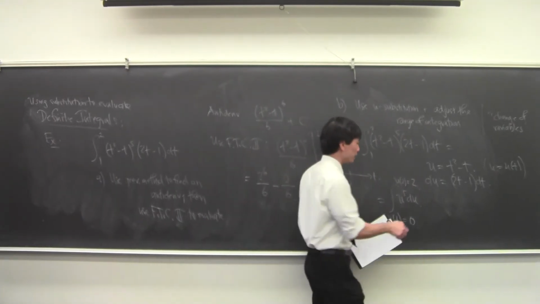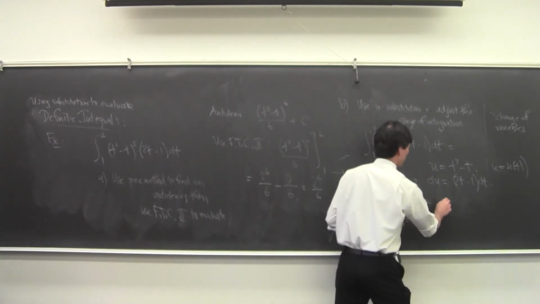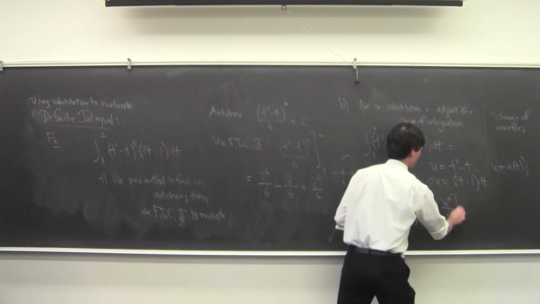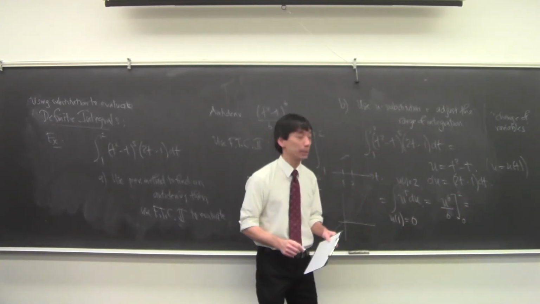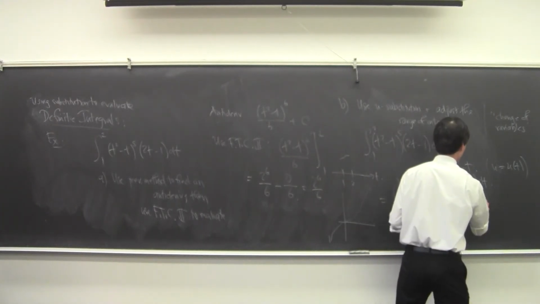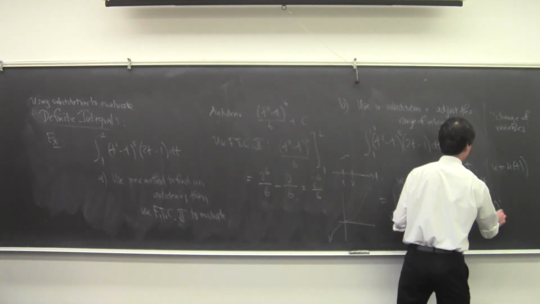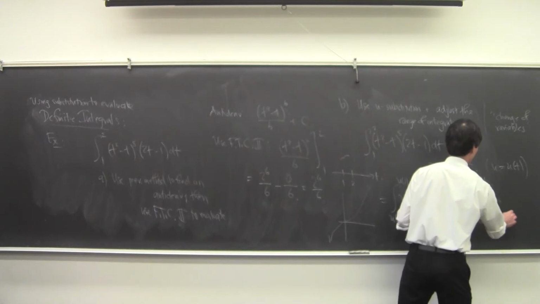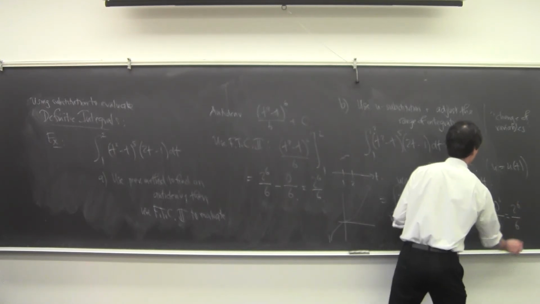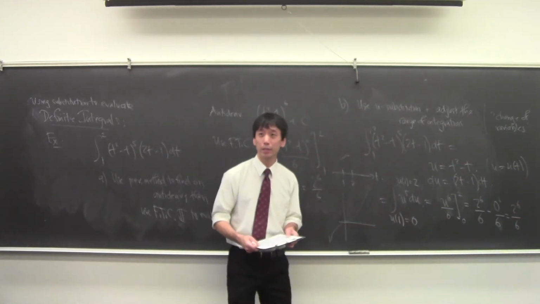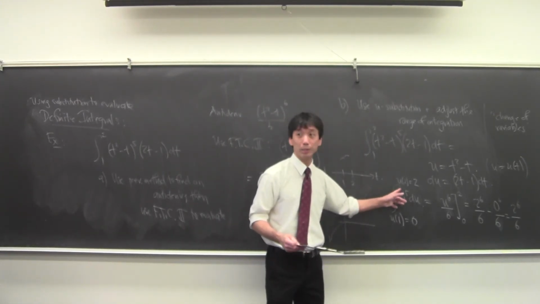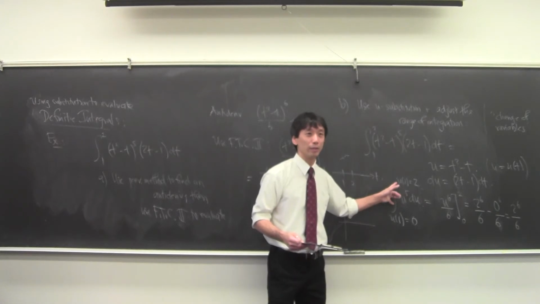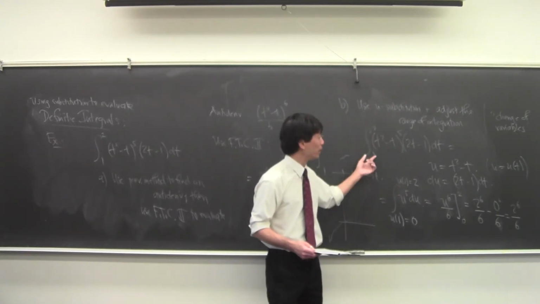And so I get u to the 6 over 6 between 0 and 2. That's going to be 2 to the 6 over 6 minus 0 to the 6 over 6. As long as you evaluate the new integral with the proper bounds, you get the correct answer. Now, if I use the other bounds, you don't get the right answer.